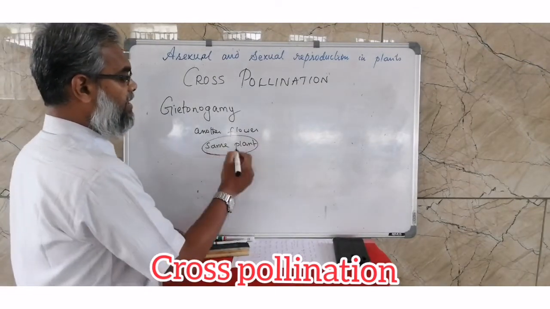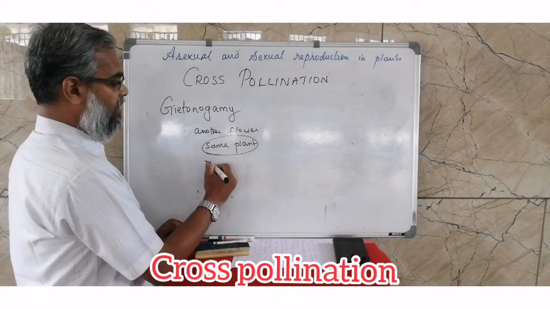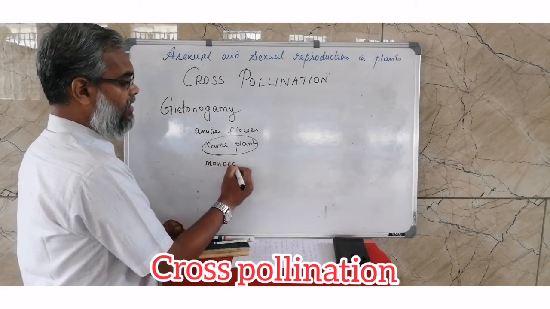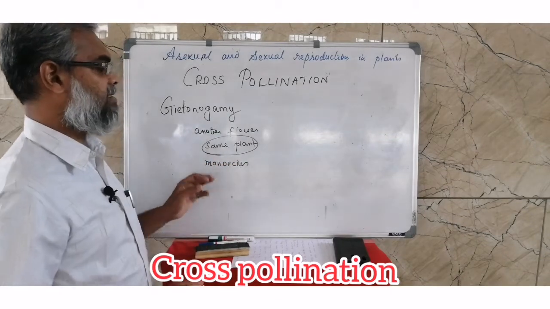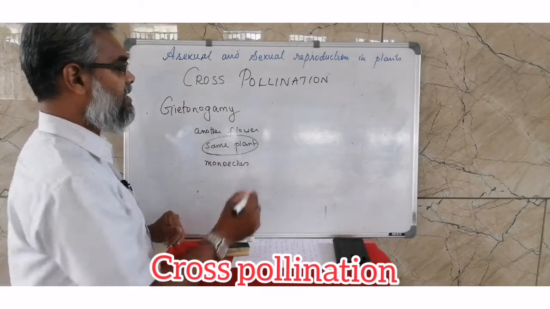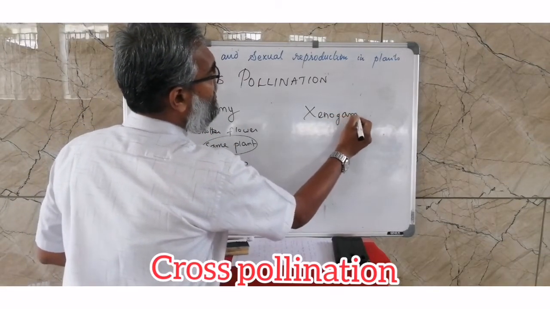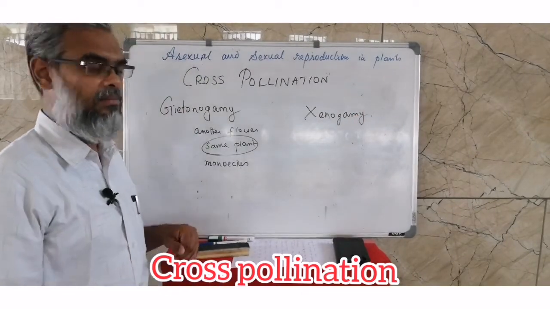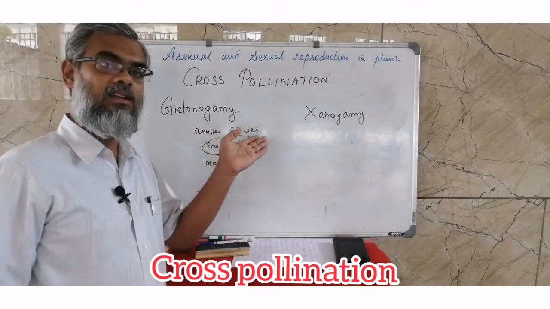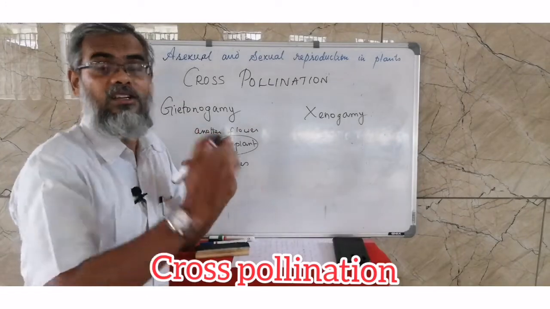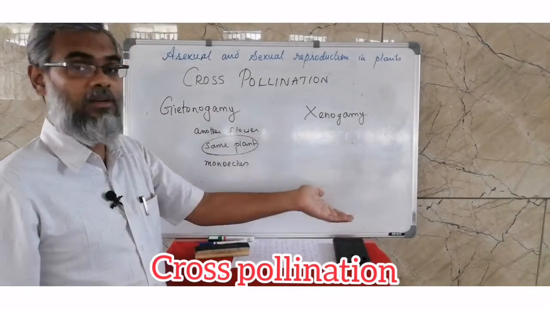So same plant, another flower, means then what is the condition? It is occurring in monoecious plants. Okay, another flower of the same plant. In contrast, we have the next type called xenogamy. That is another flower of a different plant, not of the same plant.